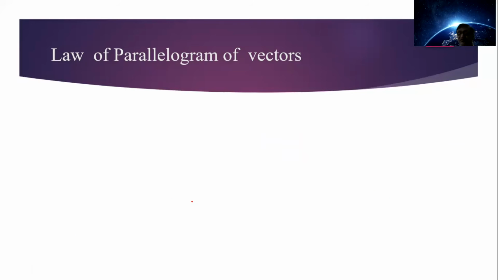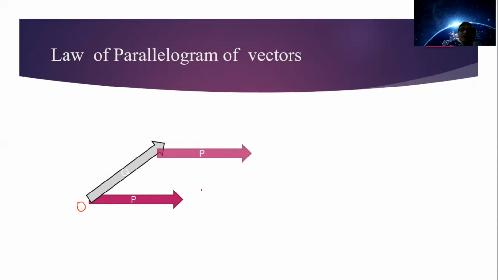Now, let us consider the vector P that we represent. Consider another vector Q. Vector P and vector Q are originating from the same point, suppose O here. Now in this case, we complete the parallelogram like this.